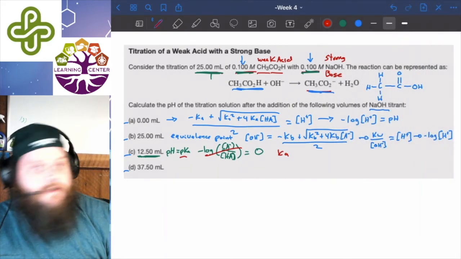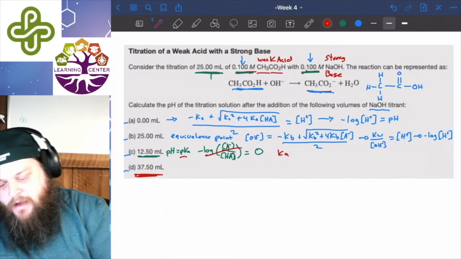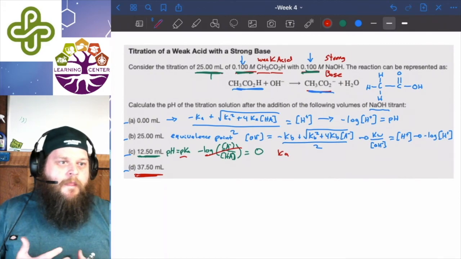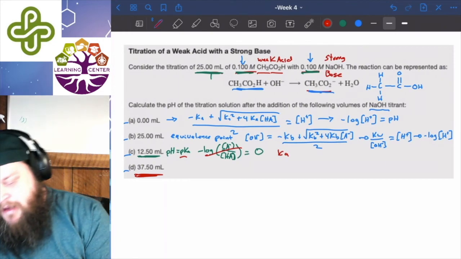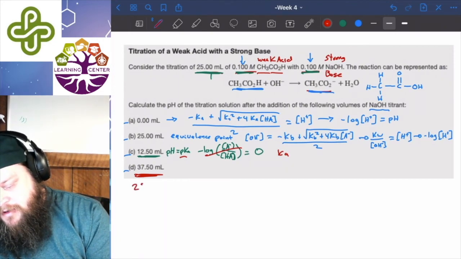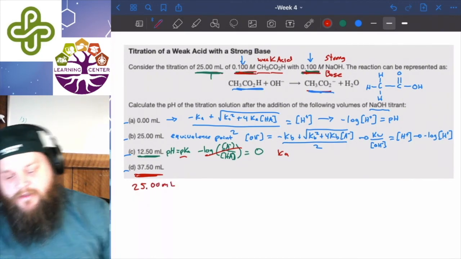And I'm just about out of time, so I'm just going to mention at this point that we've surpassed the number of moles of our original weak acid. We've surpassed it by, if our initial was 25 milliliters, again, this only works because of the same concentration.